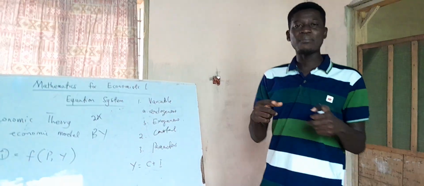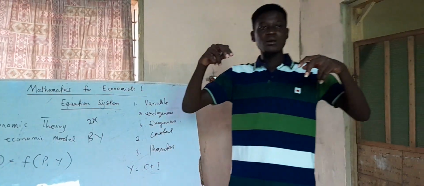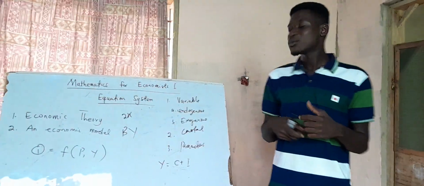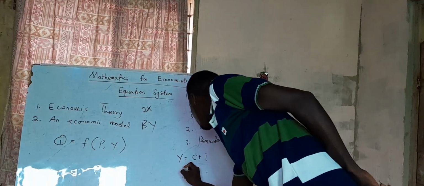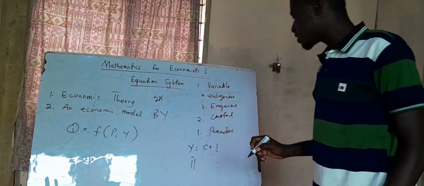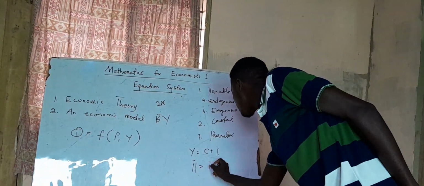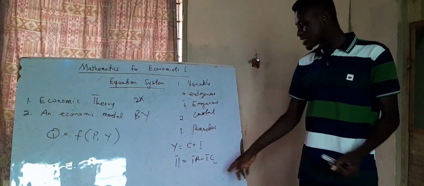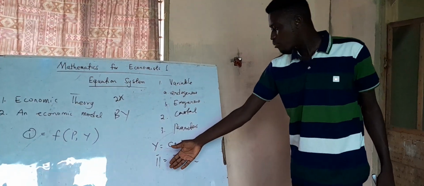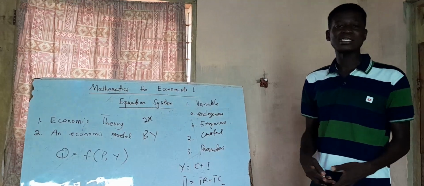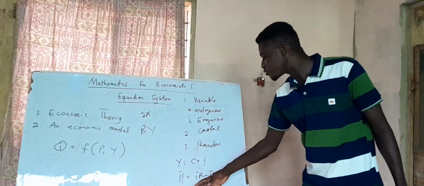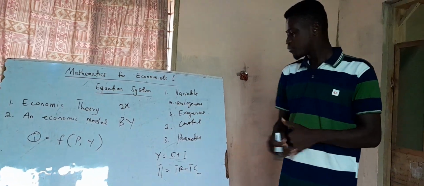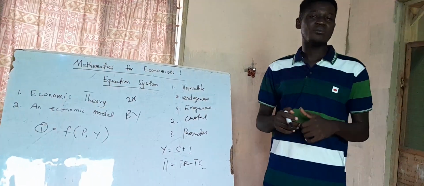So at this point, we can say profit is equal to total revenue minus total cost. So this is a definitional equation. We can also say total revenue minus total cost is profit. We are just defining profit in terms of its formula.